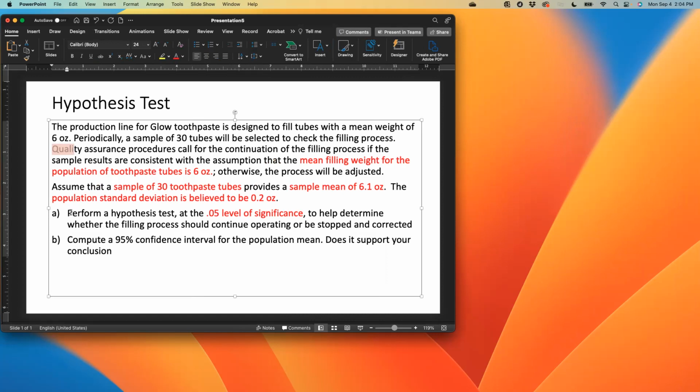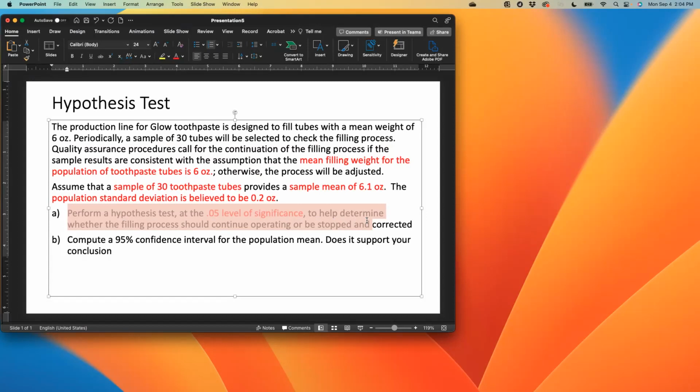And then the first question says, perform a hypothesis test at the 0.05 level of significance to help determine whether the filling process should continue operating or be stopped and corrected, right? So the statement from the first question lets us know that we're not looking at if the process is greater than 6 ounces or less than 6 ounces.